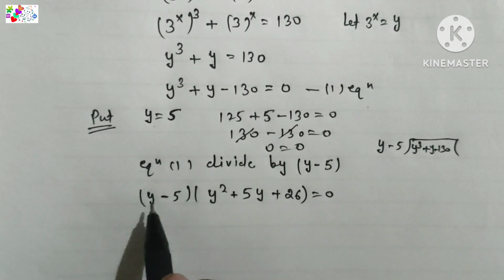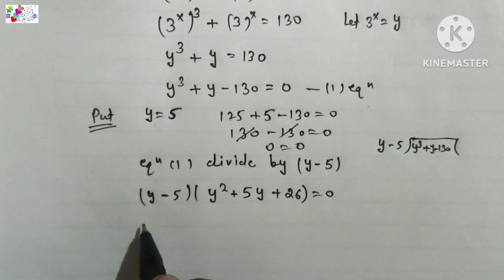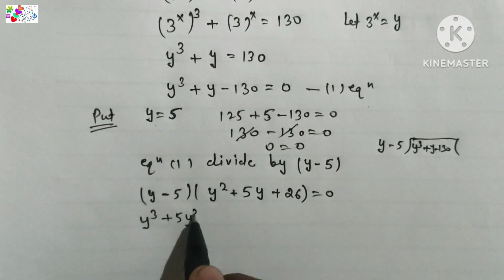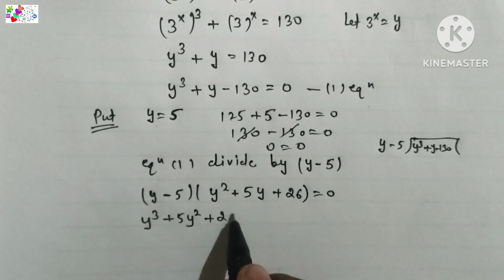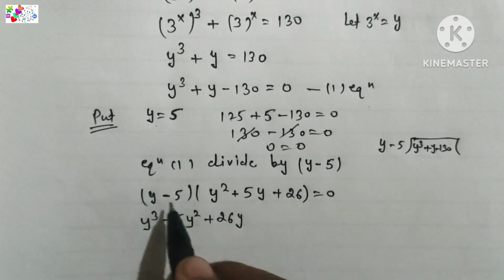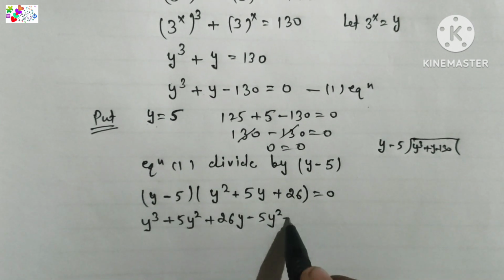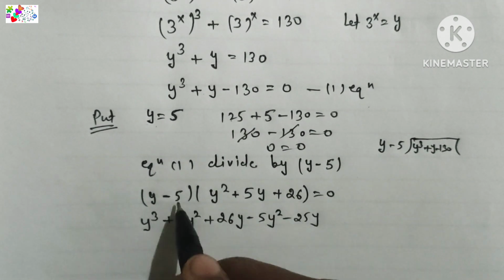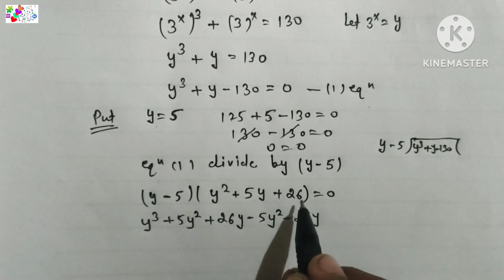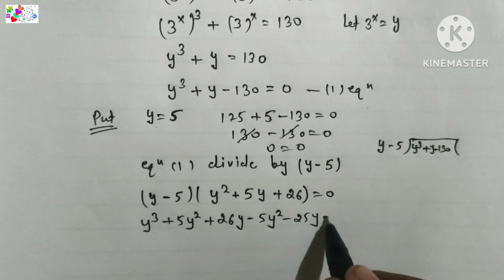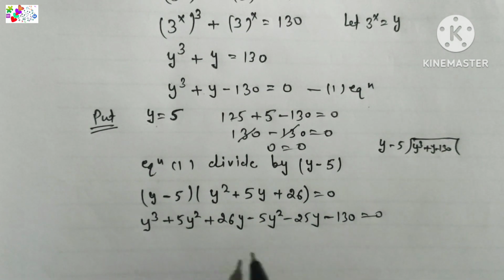So we can verify: y cube plus 5y square plus 26y, and minus 5y square, minus 25y, and 5 multiplied by 26 gives minus 130, is equal to 0.